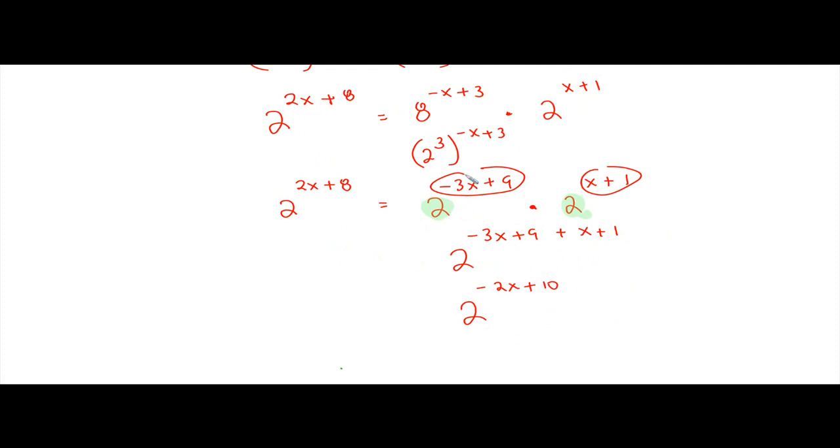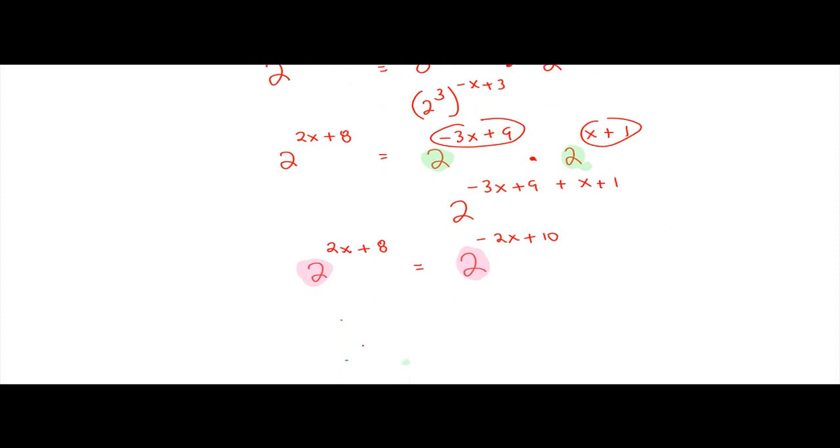So the right side, when it's fully simplified, we're going to end up with 2 to the negative 2x plus 10 is equal to, on the left side, 2 to the 2x plus 8. Now that we've got the same base here, we can say the exponents have to be equal. So we can set the exponents equal now.